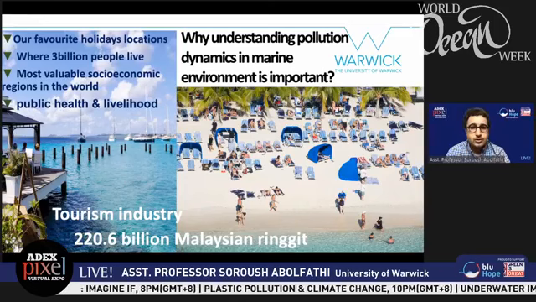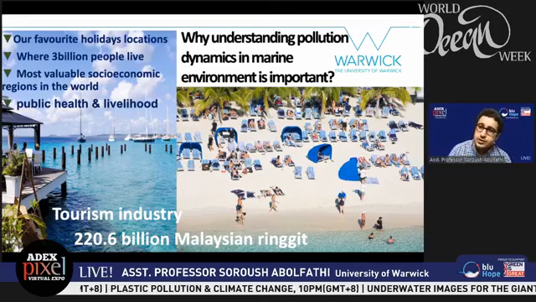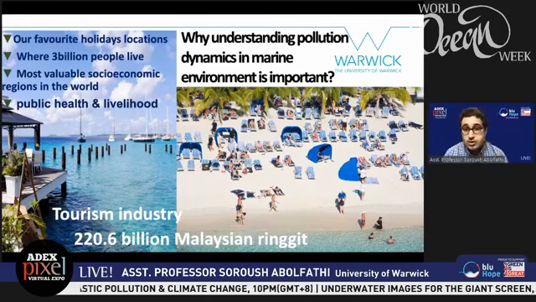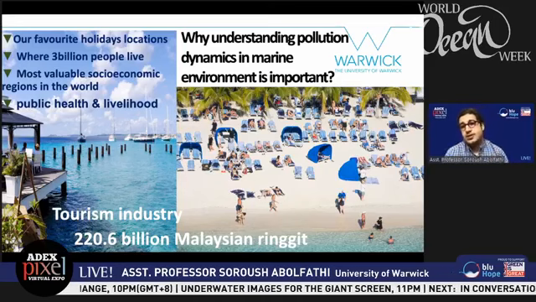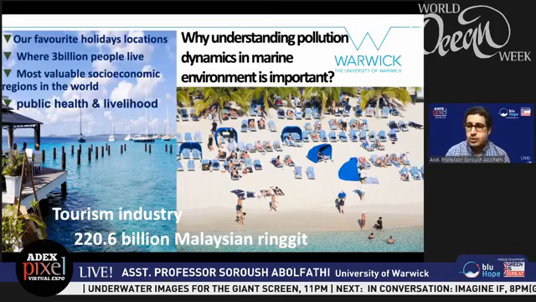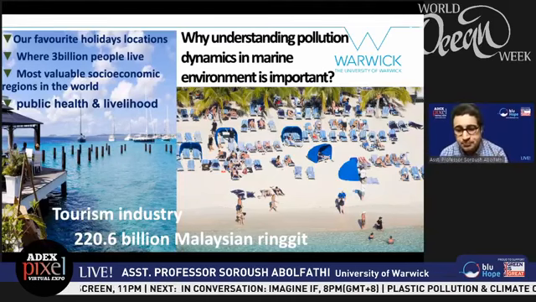So it's very important for Malaysia. This is specifically very important because of the tourism industry and because of its very important and rare marine ecosystems. You're talking about coastal mangroves, you're talking about coral reefs, you're talking about very, very important ecosystems.